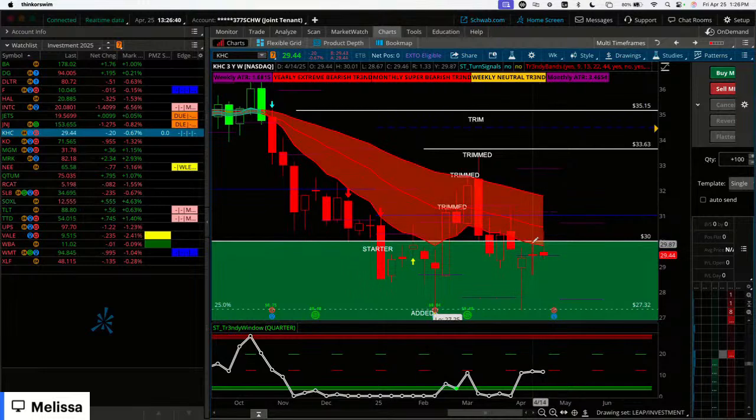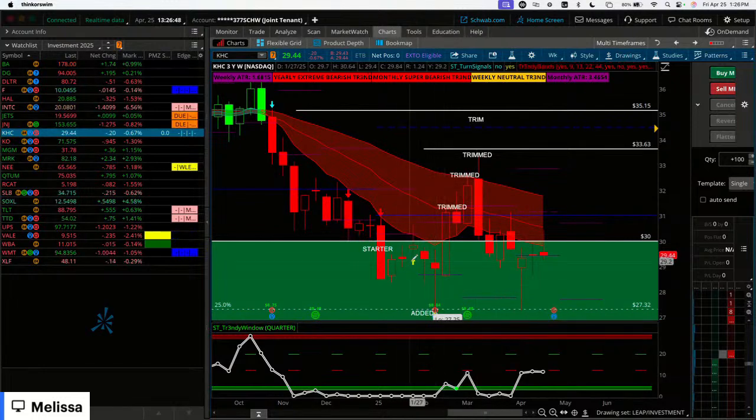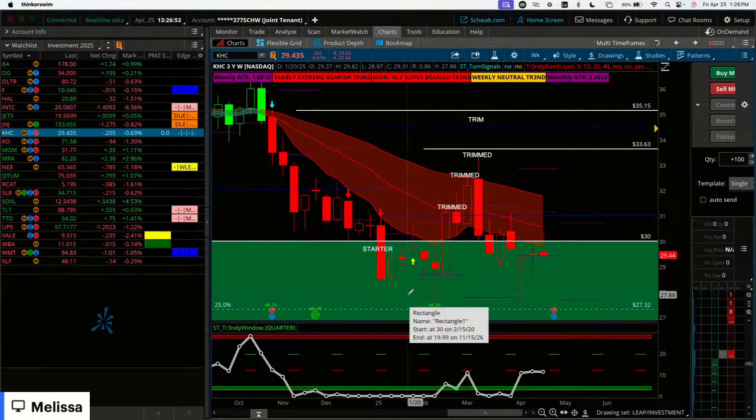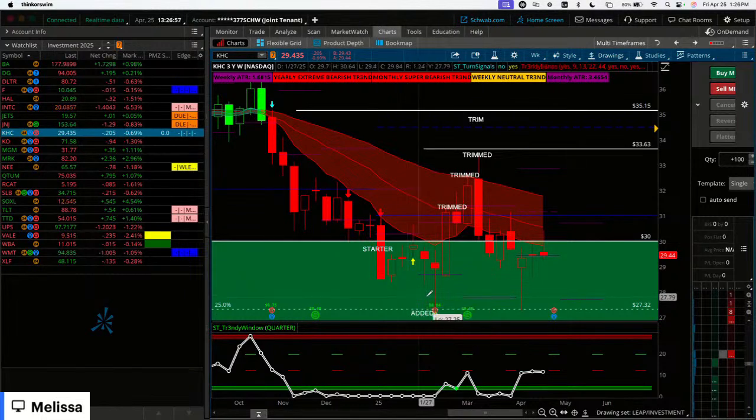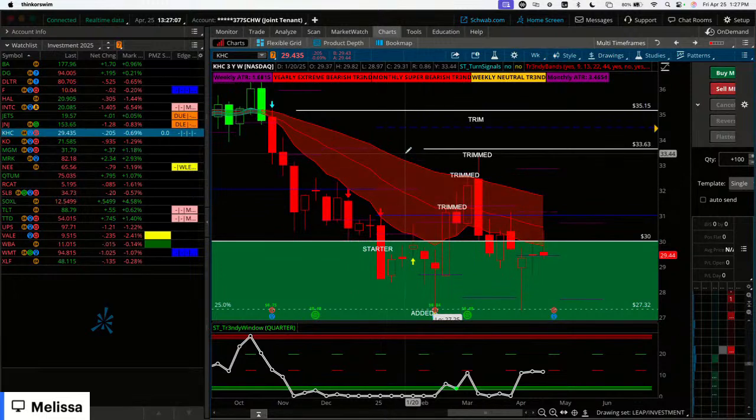So, started the position at $30, added to the position both LEAP options, January 2026 expirations, and more shares at $27.32. I trimmed at or around $31, again at 32.50, and again at 33.50.